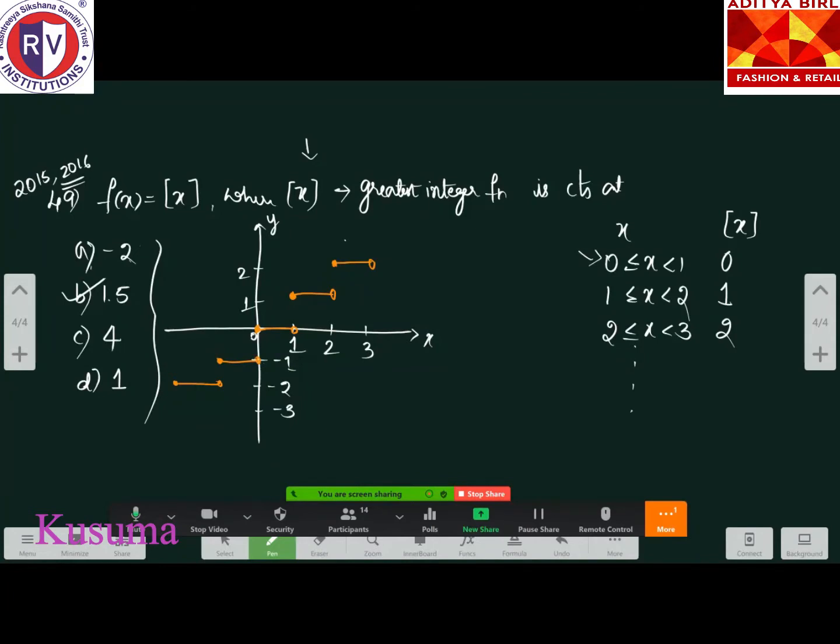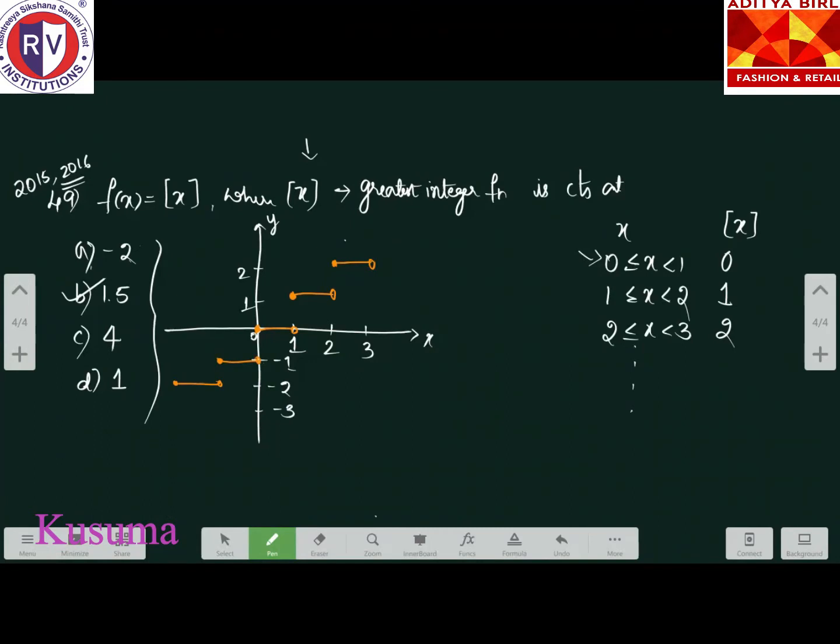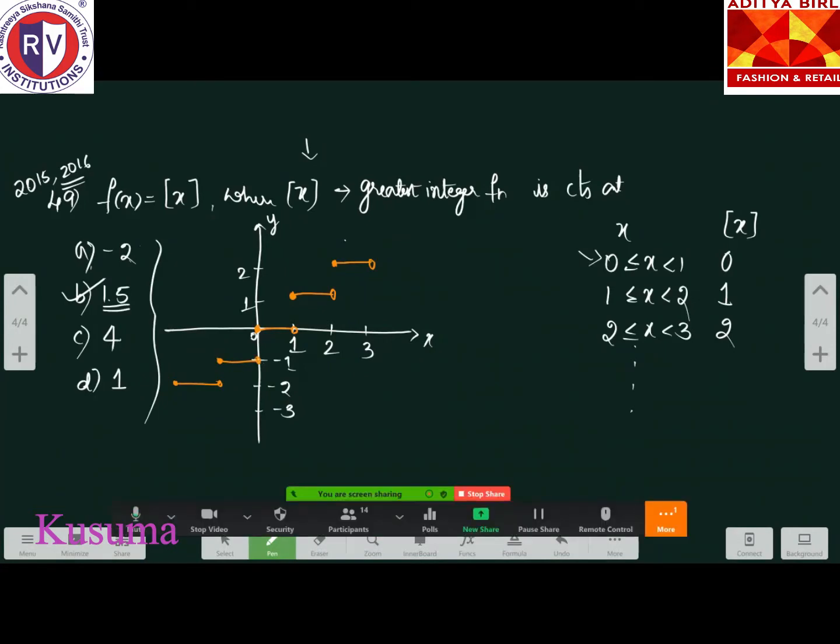By looking at the graph, you can say that at integer values the graph has a jump and the function is discontinuous. Only at the values between the integers is the function continuous. So the only value that is not an integer is 1.5.